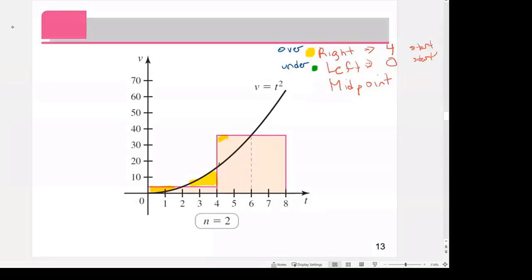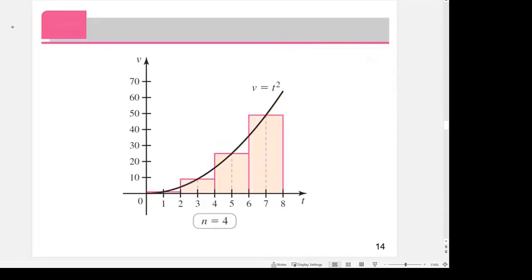And this part right here, which is not under the curve, makes up for all this that is missing from the area under the curve, right? So the midpoint rule is usually the better or the more accurate. So anyway, if I make 2 rectangles, it looks like this.